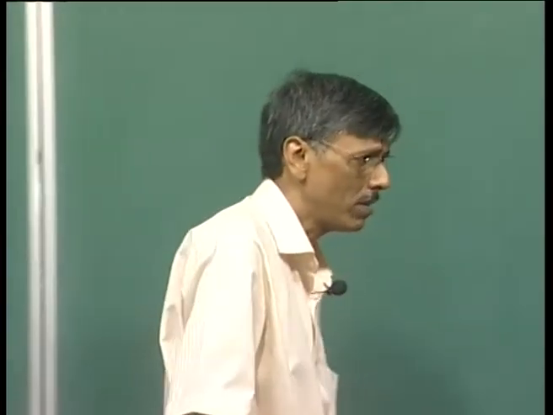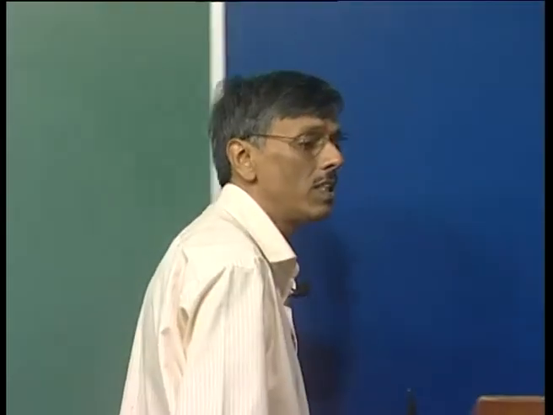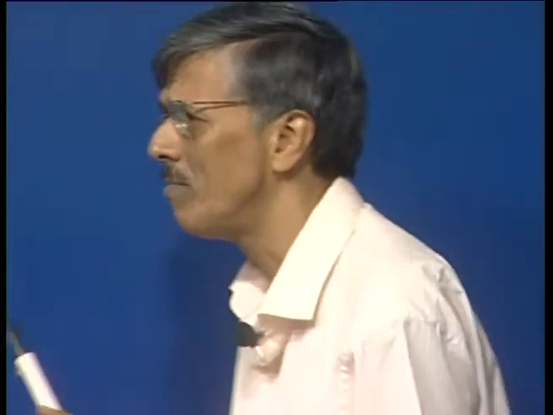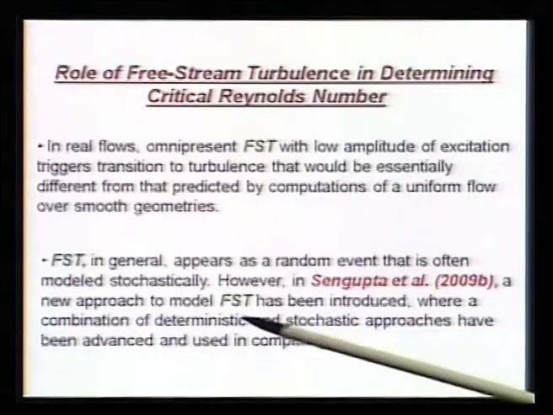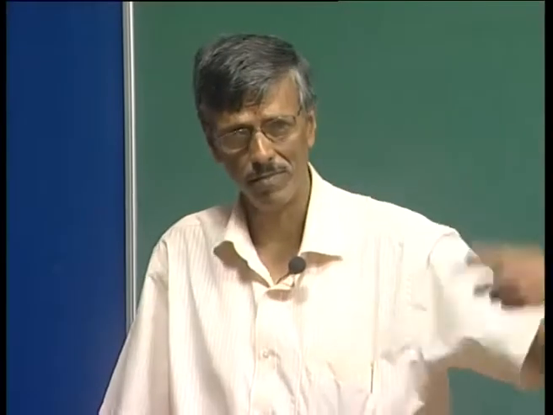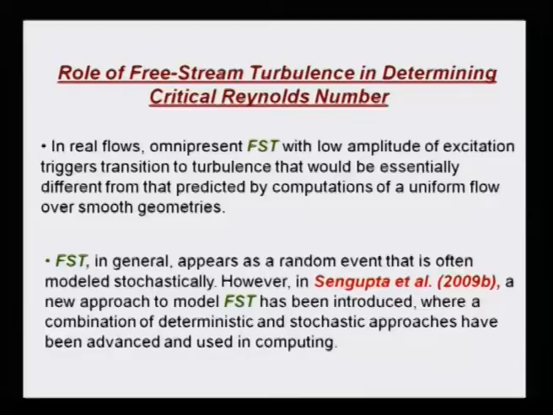I am rotating my fan at a different RPM, and that is why the FST is going to be different. This is something people did not quite appreciate, but we did say that we need to view FST as a combination of two components. One is a deterministic component that comes from the fan size and its speed, and so on and so forth.